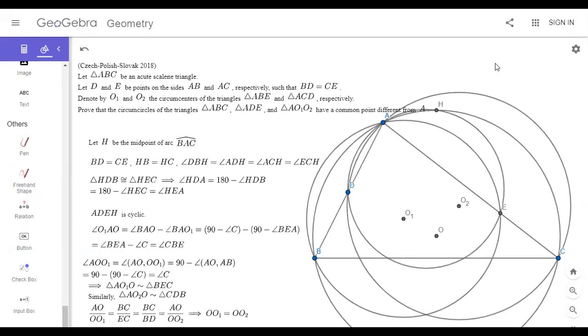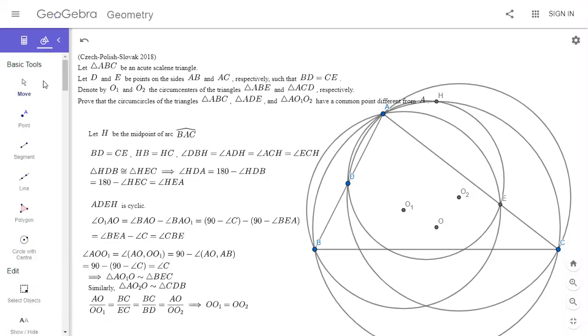Yeah, but AOO1 isn't, yeah, they're not congruent, but yeah. Can we instead try proving that O1O2 is parallel to AH? It is parallel to AH, right? Yeah.